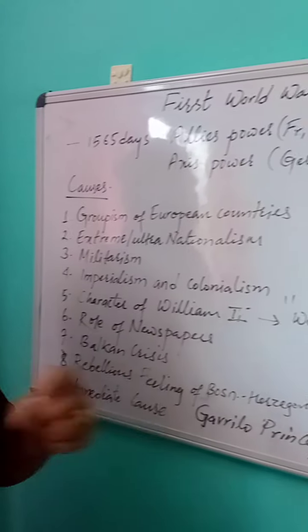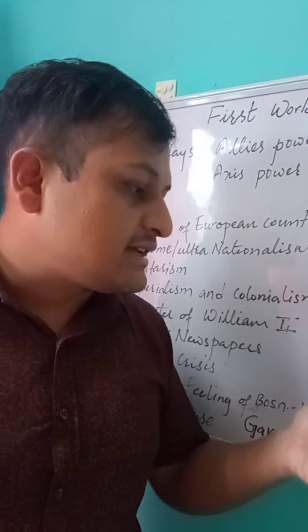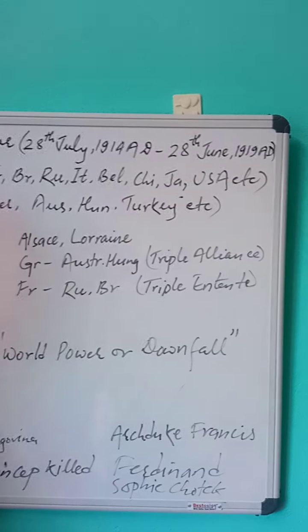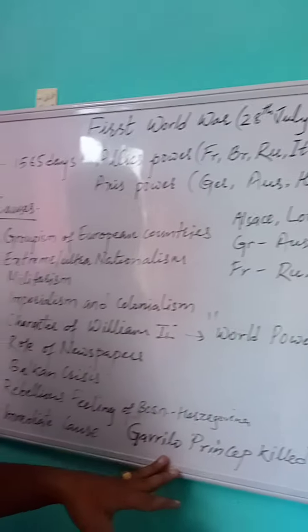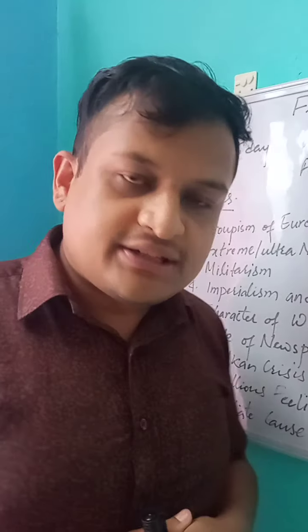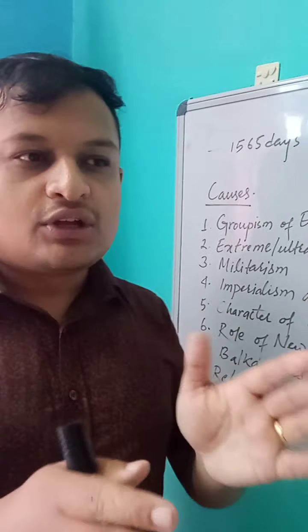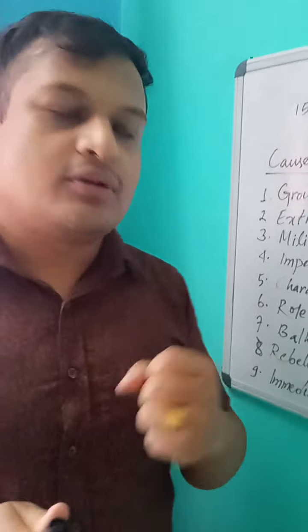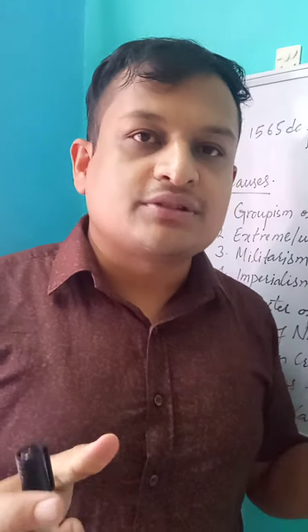After that, Serbia was blamed by Austria. Austria, influenced by Germany, sent an ultimatum letter stating a 12-point demand, which was not agreed upon by the Serbian government.